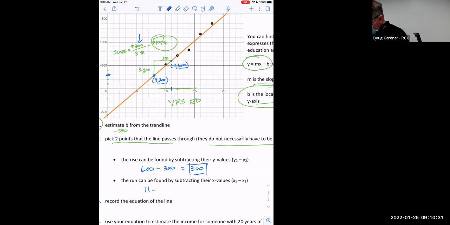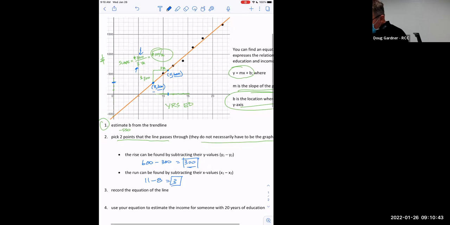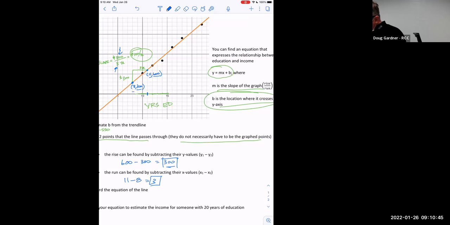If I take 11 minus 8, 11 minus 8 is 3. That's the same 3 we just got a minute ago by counting them ourselves. So then the slope, being rise over run, is 300 divided by 3, or 100.